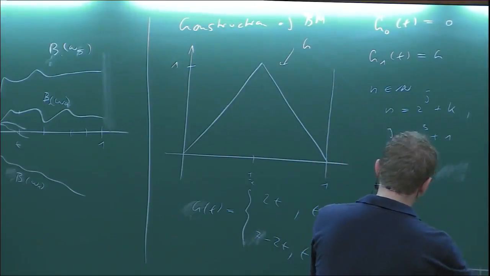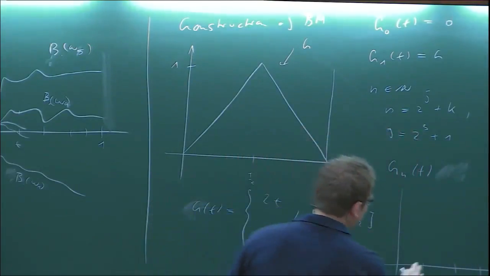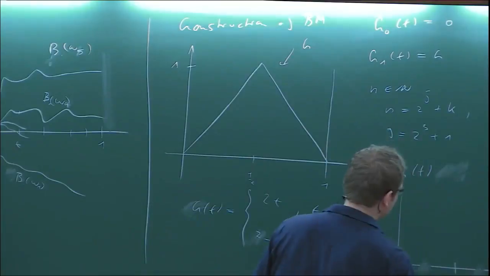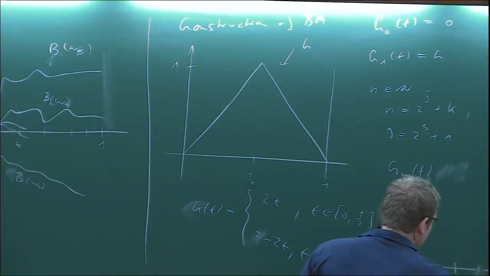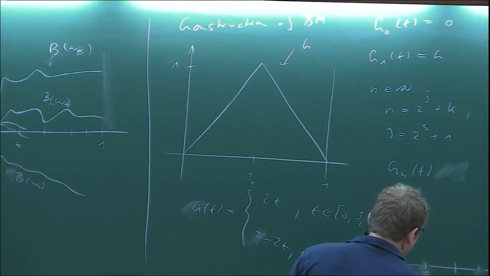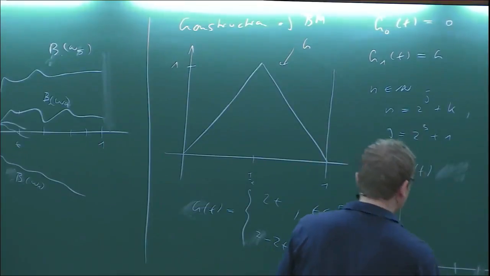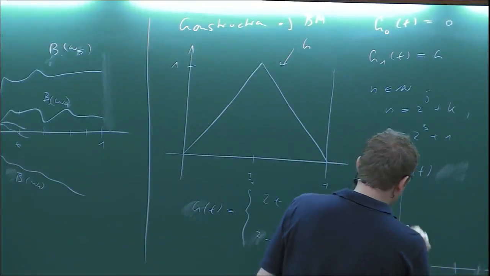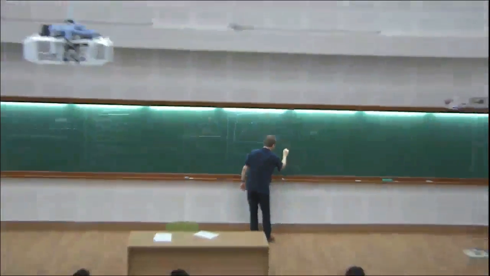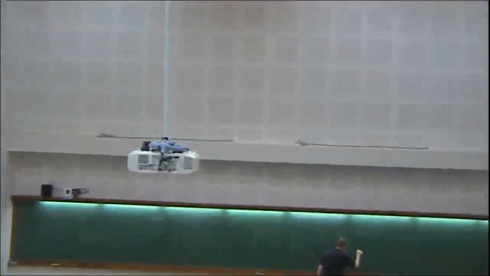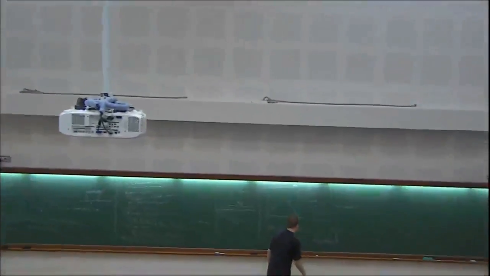First of all, we have the whole interval, and then we have two intervals. Here we have 1/2, and here we have 1/4, and here 3/4, and here we have 1. Then we take just these kinds of functions in the next generation.